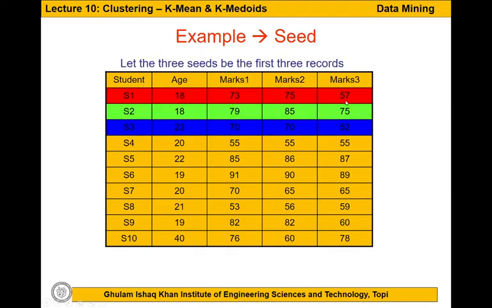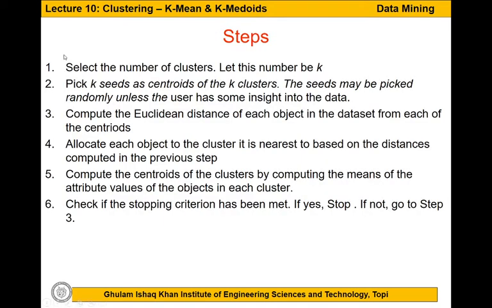Instead of saying cluster 1 or 2, let me call them red, green and blue clusters. So what we have done is select the 3 cluster heads or seeds. This is the second point: pick k seeds as centroids of the k clusters.